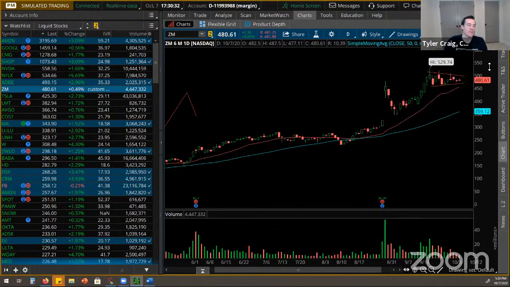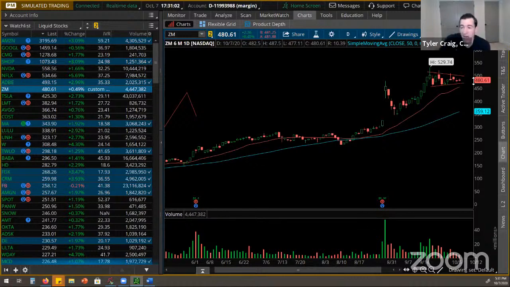What it means is any supply coming into the market, any sellers abandoning ship on Zoom, it's being absorbed. All that selling pressure, all that supply is being absorbed by Zoom. It's like a sponge that never gets full. You're pouring supply onto the stock, and this sponge just keeps soaking it up and soaking it up. And the stock doesn't go any lower. It's just going sideways.